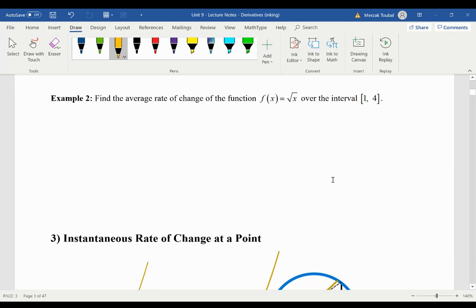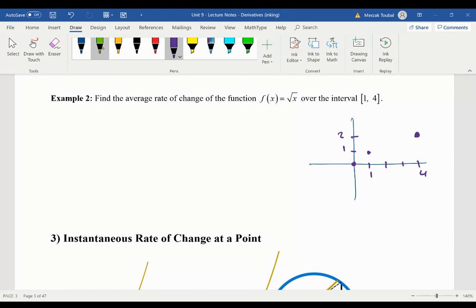Here's an example. It says find the average rate of change of the function f of x equals square root of x over the interval 1, 4. Let's make a graph of this. For the function square root of x, square root of 0 is 0, square root of 1 is 1, square root of 4 is 2.